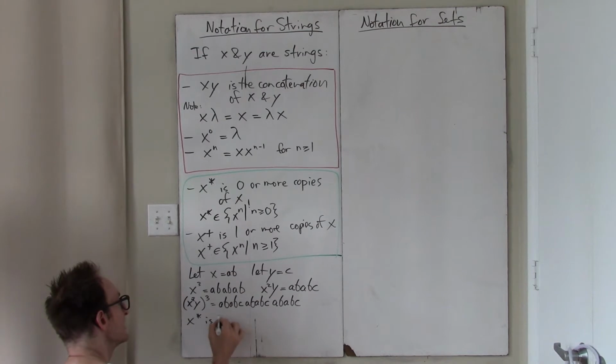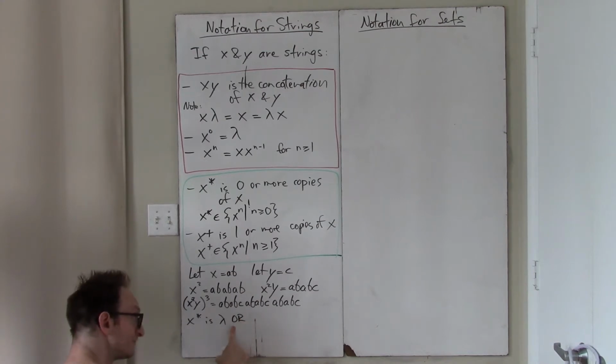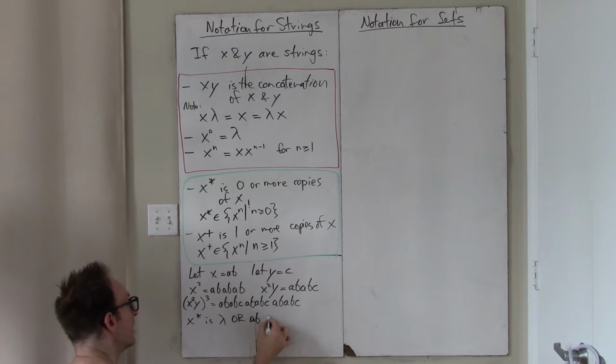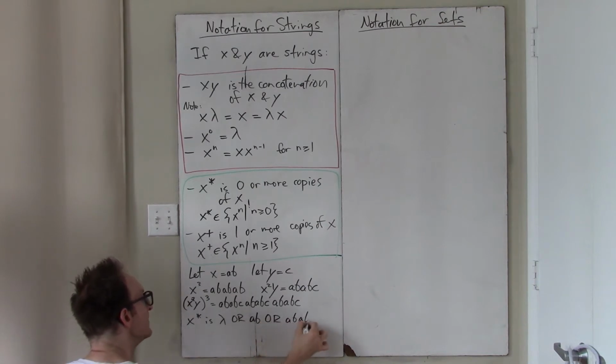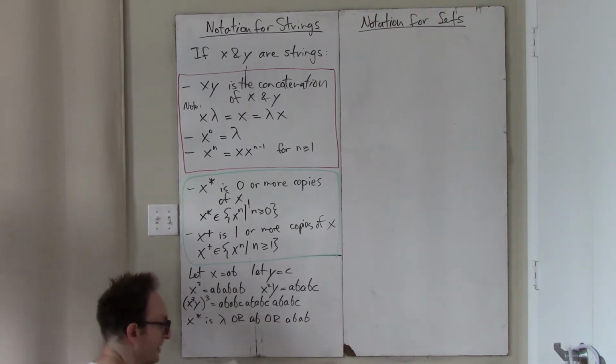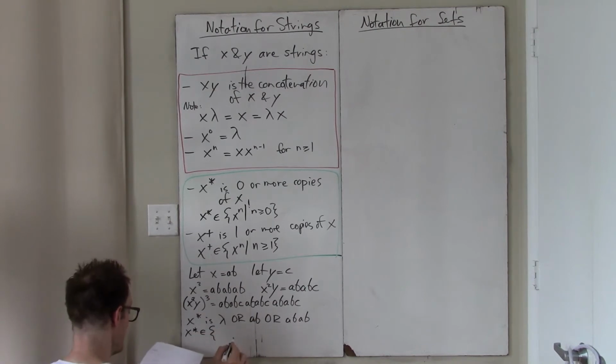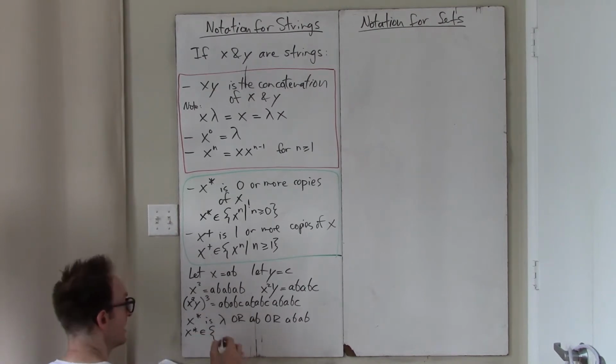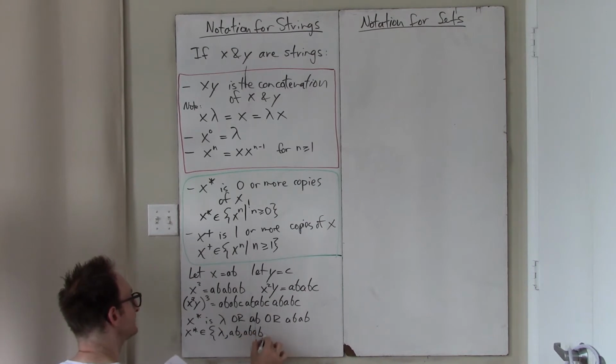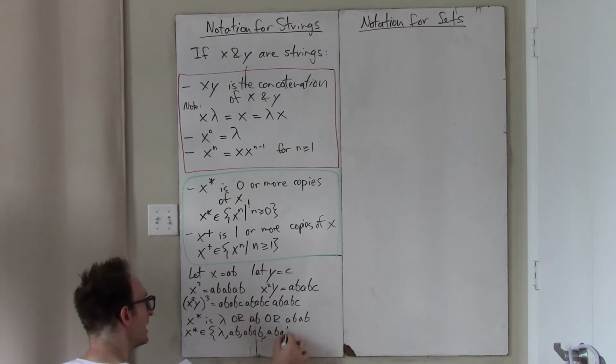So x star is the empty string, or it's AB, or it's AB, AB, or AB, AB, AB, etc. So more specifically, we say that it is an element of the precise language that we saw in the previous example was generated by our grammar.